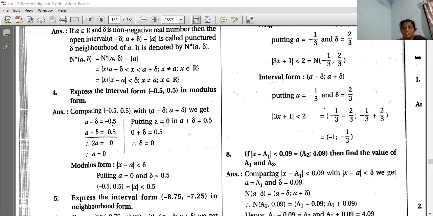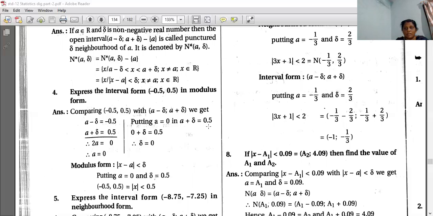Now you have to do the substitution method where you will get 2A. A minus delta is 0 minus 0.5 and A plus delta is 0.5. By eliminating minus delta and plus delta, you will get 2A equal to 0 and A equal to 0. Now substituting the value of A in any of the equations, here they have taken A plus delta equal to 0.5.